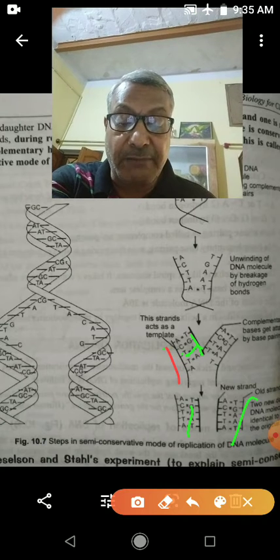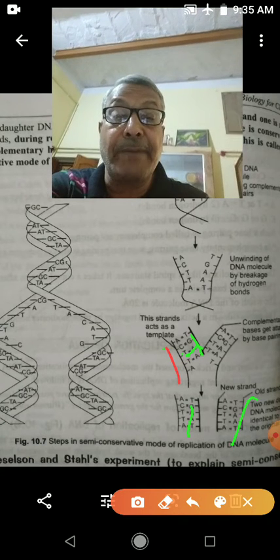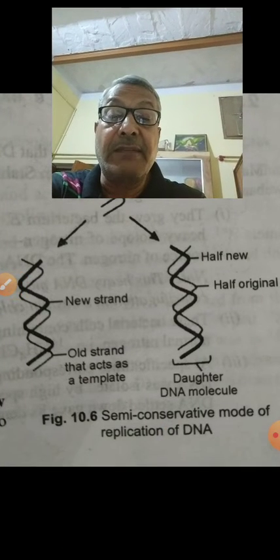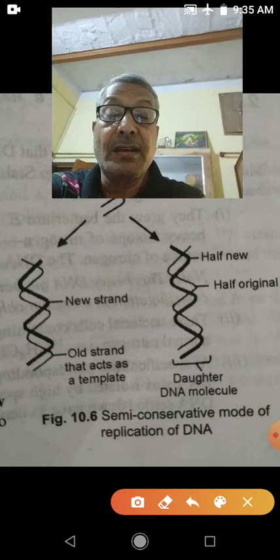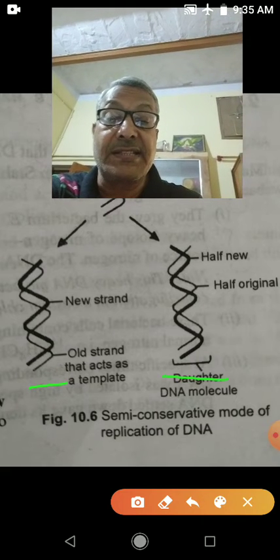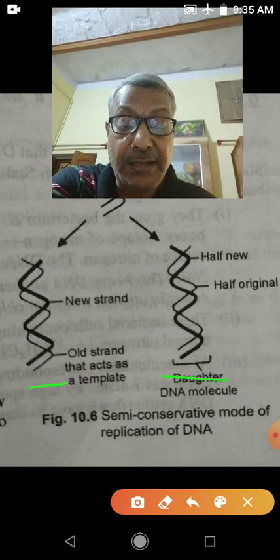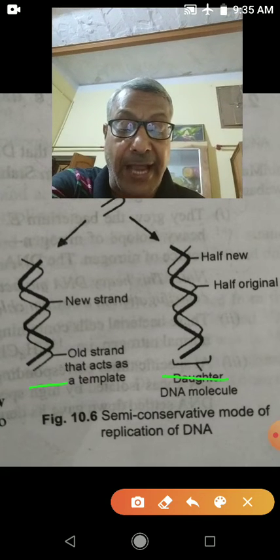Each daughter DNA molecule is a hybrid. So two daughter DNA molecules are formed. This is one and this is the other. Each DNA molecule which is formed is a hybrid.